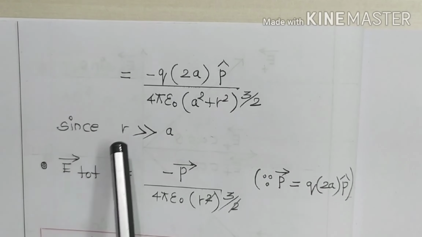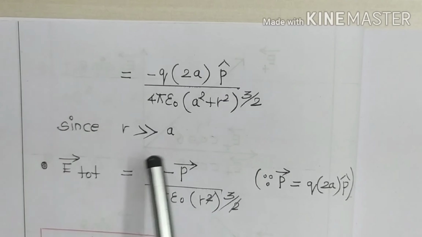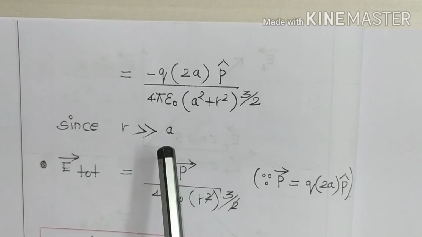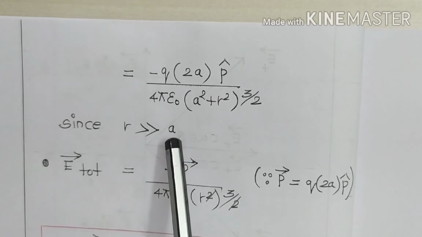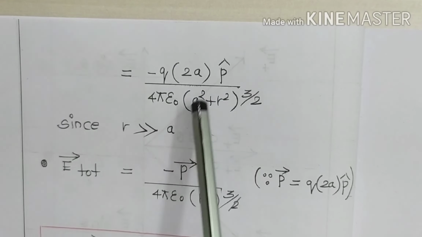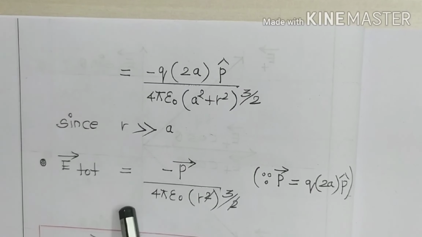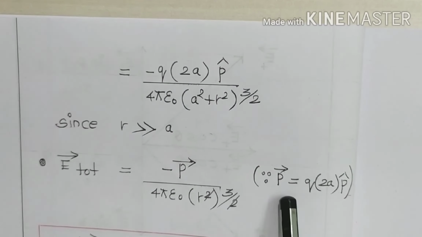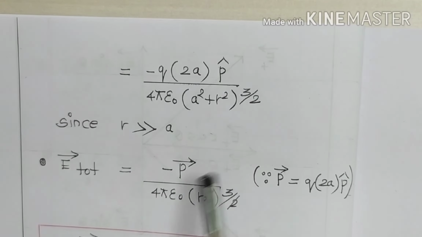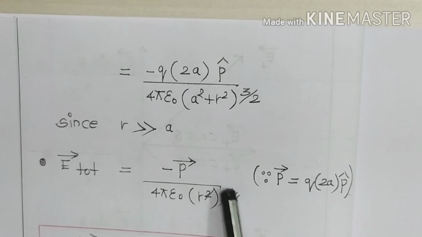Since R is very large compared to A, the term A square can be dropped out from this equation. So E total is equal to, the whole expression is equal to P vector. So minus P vector by 4 pi epsilon naught. What do we get? A squared is dropped. So R squared to the power of 3 by 2.